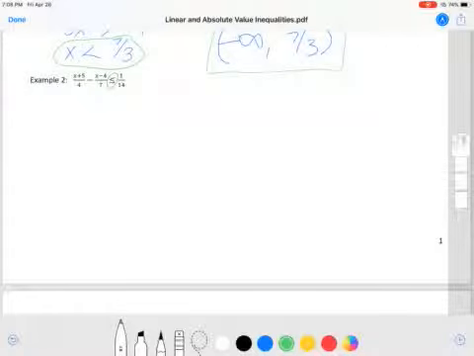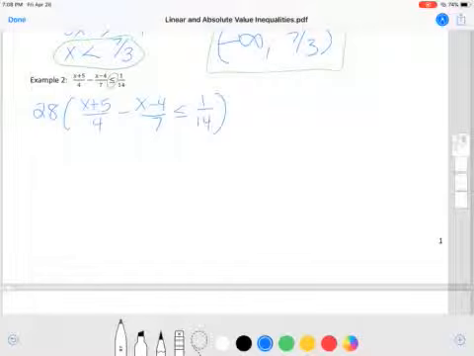Now, to clear the fractions, I have 4, 7, and 14. 28 goes into all of those. So I'm going to multiply everything by 28. Okay, when I multiply 28 times the first term, the 4 goes into the 28 and leaves me with a 7.